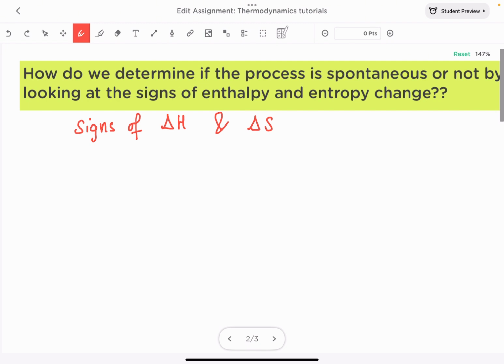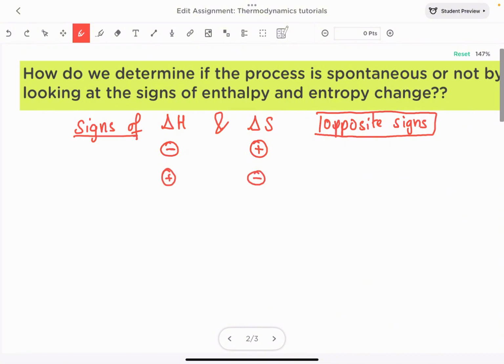If delta H and delta S have opposite signs, let's look at it. This is negative and this is positive, or this is positive and this is negative. So let's look at the negative one. This is an exothermic process with an increasing entropy.